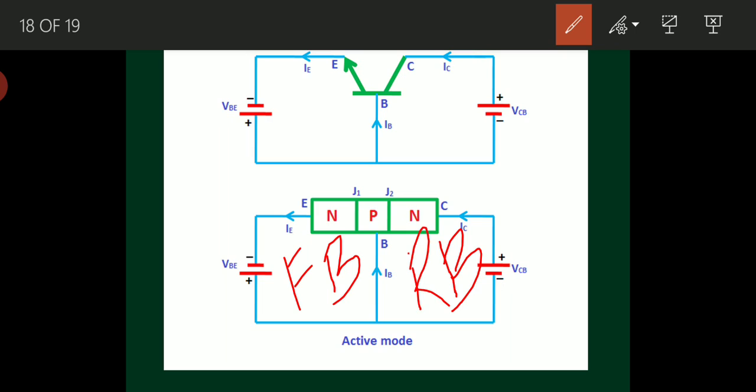So irrespective of the type of transistor, whether it may be NPN or PNP, the input junction is forward biased and the output junction is reverse biased in active mode.